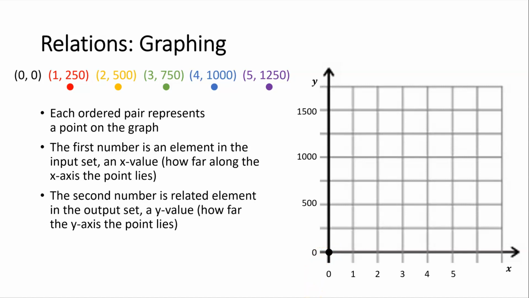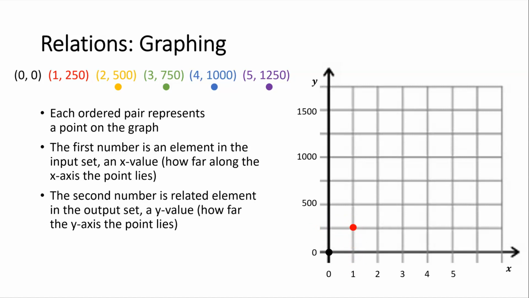The point 1, 250, that first number 1, means it goes all the way to the 1 line on the x-axis, and then it goes to 250 on the y-axis. 250 is right between the 0 and 500. So 1, 250 should lie right here. 1 on the x, 250 on the y.